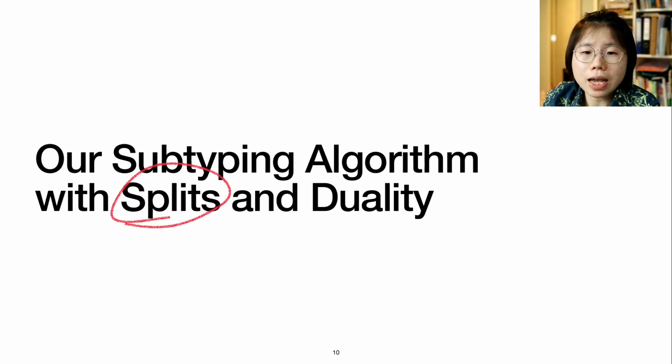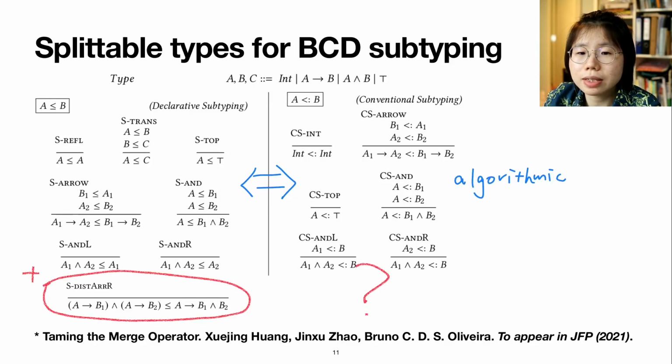The idea of type splits was proposed to design an algorithm for BCD subtyping, which does not have union types. In this problem, the key challenge is to deal with the additional distributivity rule on top of a simple subtyping relation around the intersection types.